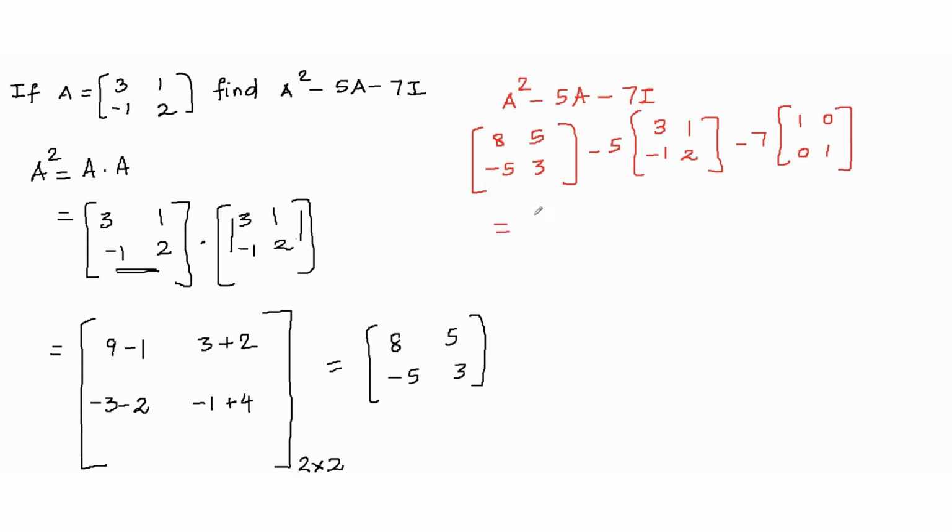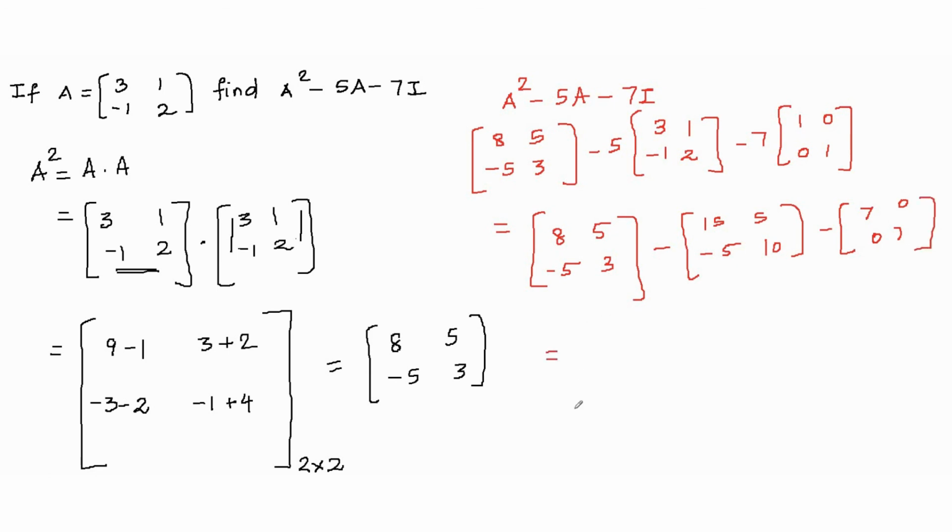So what is the value that I get? I get 8, 5, negative 5, 3 and then I have minus 5 gets multiplied with this, which is 15, 5, negative 5 and 10 minus 7 times the identity matrix, which is 7, 0, 0, 7.